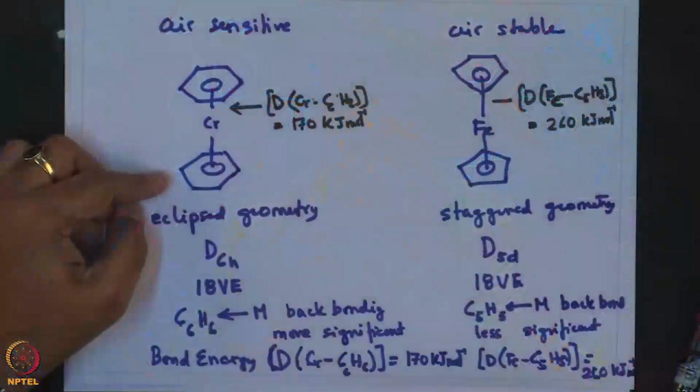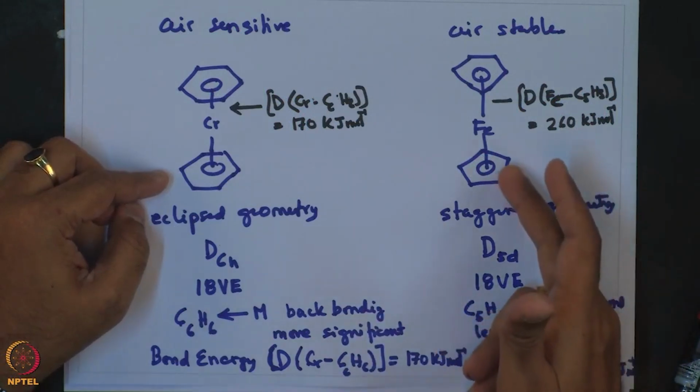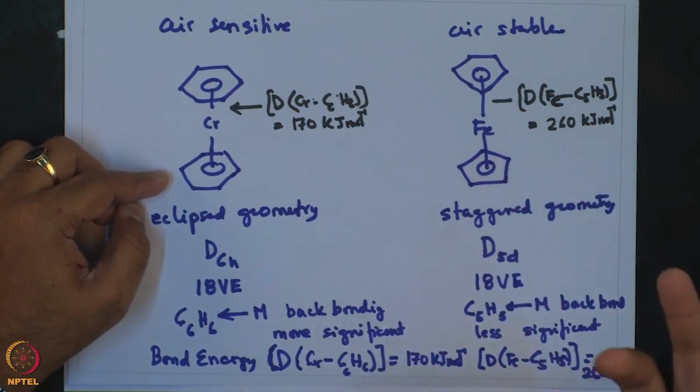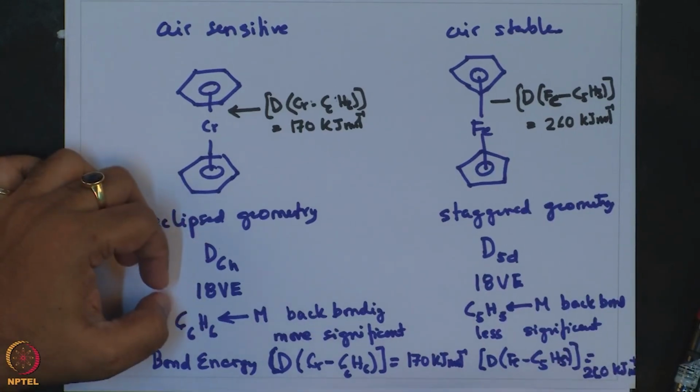The similarities being that they both are 18 valence electron compounds, the differences being that the chromium bis benzene is air sensitive, iron bis cyclopentadienyl is air stable. The chromium bis benzene exists in an eclipsed geometry, which is the most stable conformation, whereas the iron bis cyclopentadienyl compound exists in a staggered geometry. Also the back bonding is more predominant in bis benzene chromium as compared to the back bonding or delta interaction in the iron bis cyclopentadienyl complex.